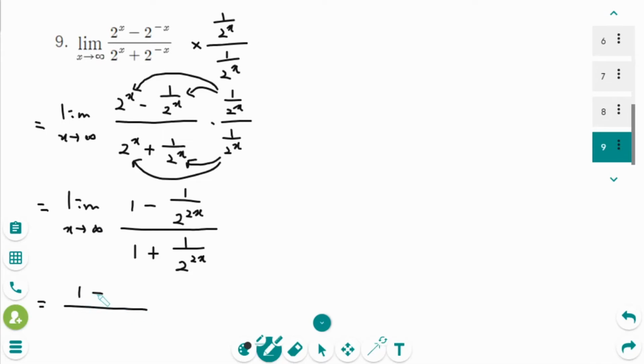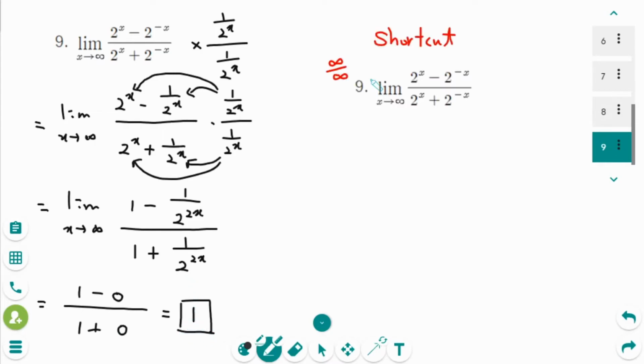This is 1 minus 1 over infinity, which is 0. 1 plus 1 over infinity, the same thing. The final answer is 1 over 1, which is 1. Or you can use a shortcut, because this one is infinity over infinity form, so take out the highest power of each side. You don't need this one. And this one, when simplified, the answer is 1.